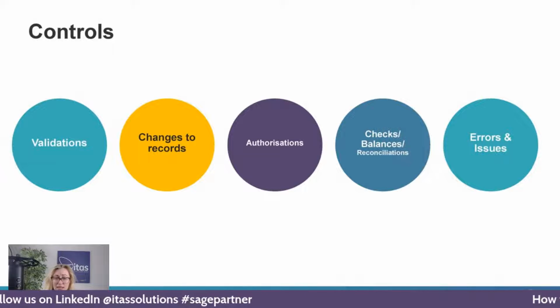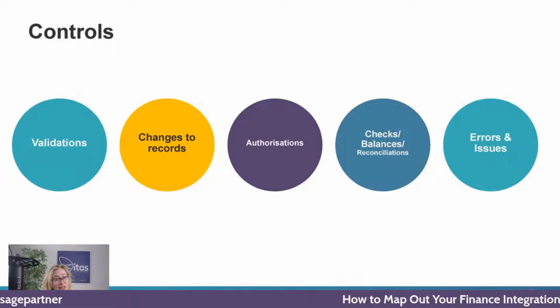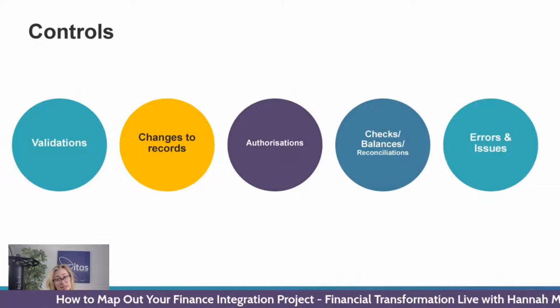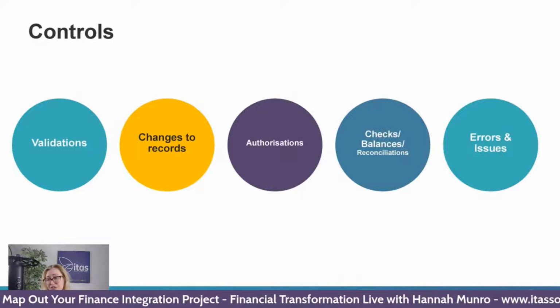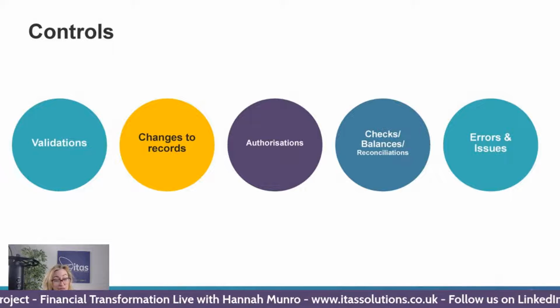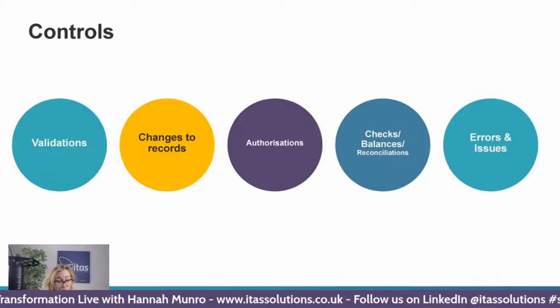And then last but not least is thinking about how you're going to handle errors and issues with integrations. For instance, what happens if it tries to push something across that doesn't sync for whatever reason? One, how are you going to identify that error? Two, who gets alerted?